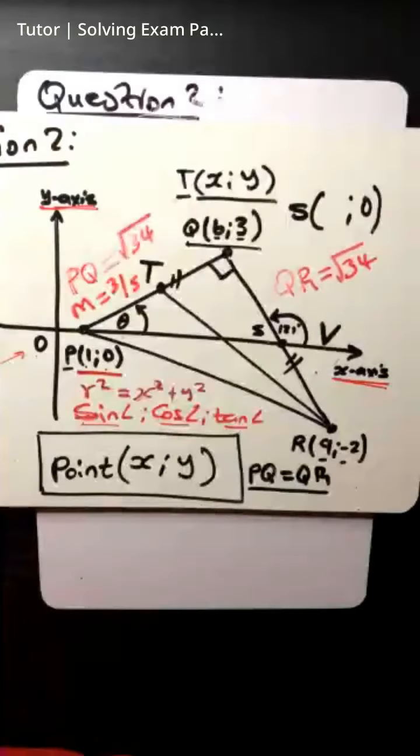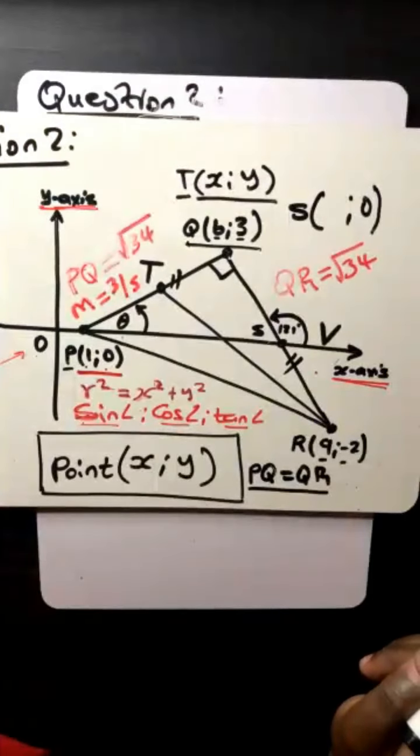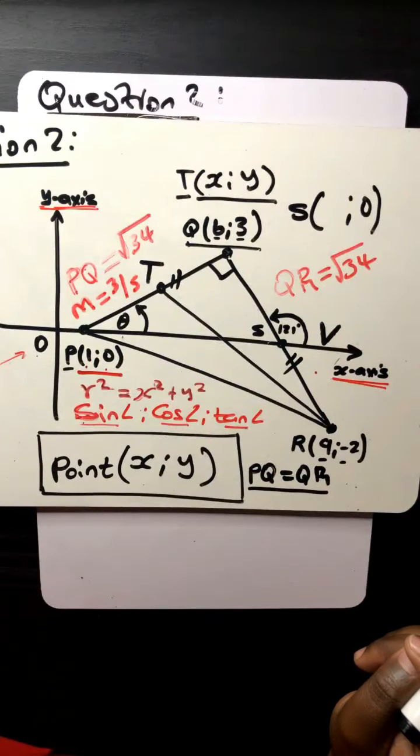Lerato, go for it. I think so. We'll use the theorem of Pythagoras. Why? Since PS is opposite to the right angle, to the 90-degree angle. Wait, Lerato, since what?